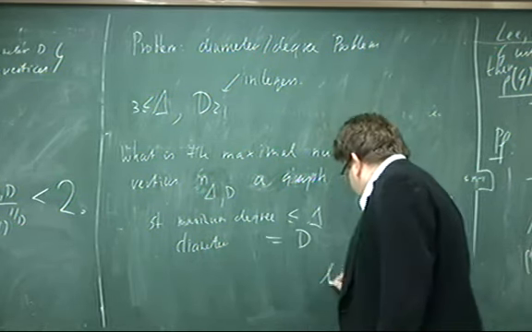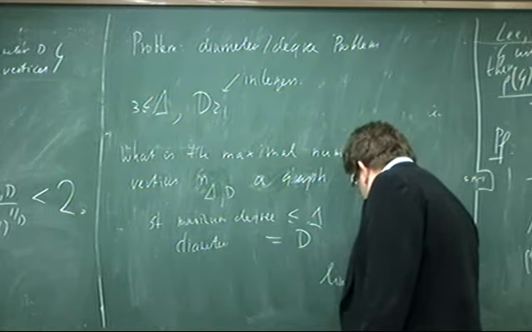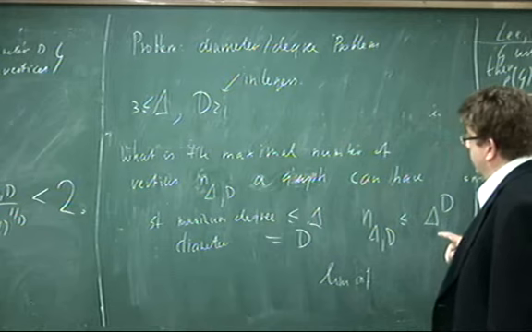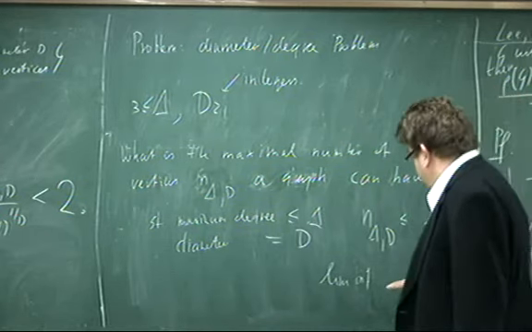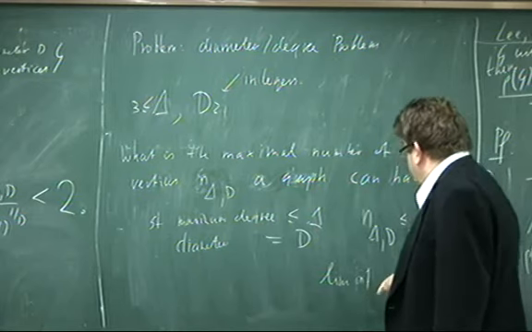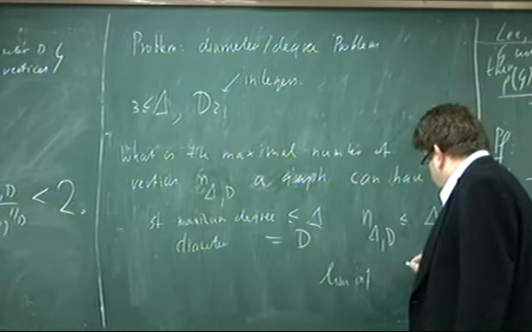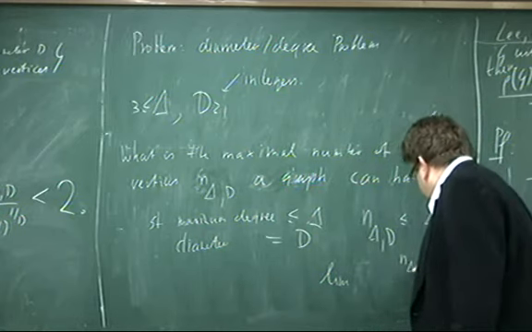And then you can ask the question, what is the limit, or lim sup, or lim inf? Is it the maximum number of vertices, or the minimum number? What you should do is maybe lim sup.